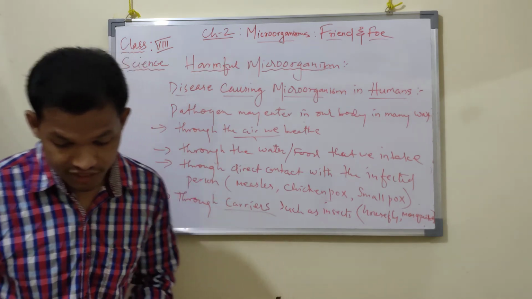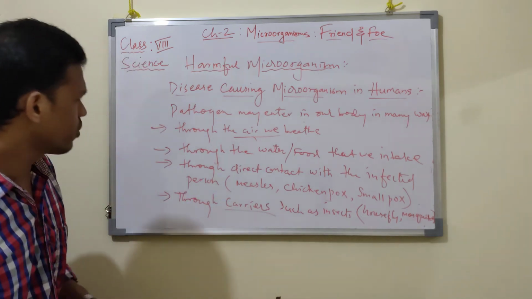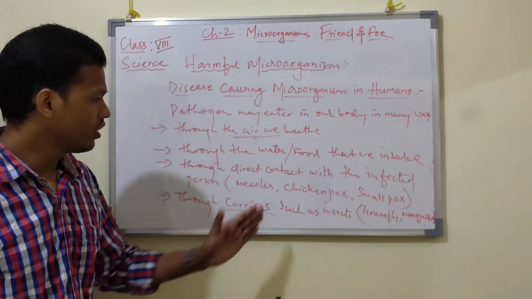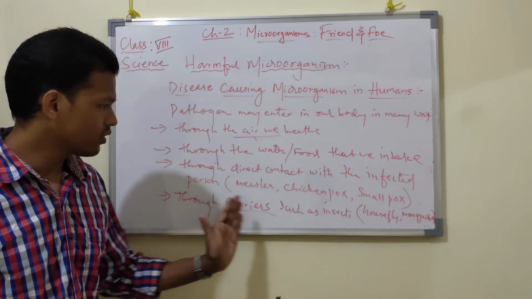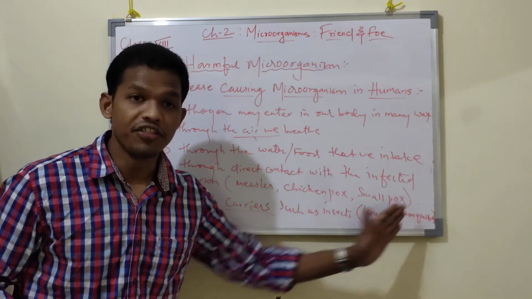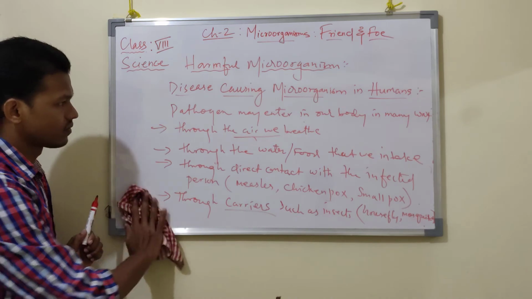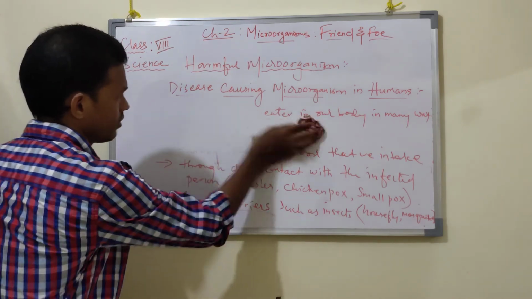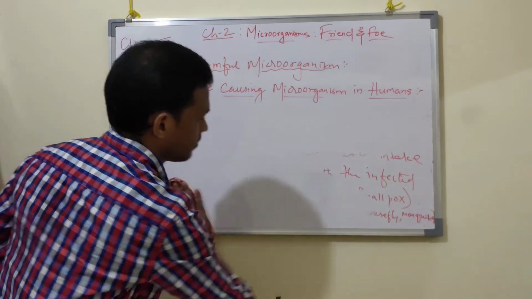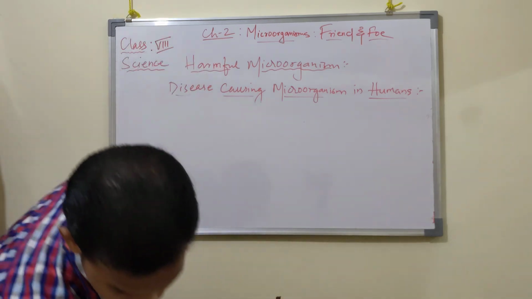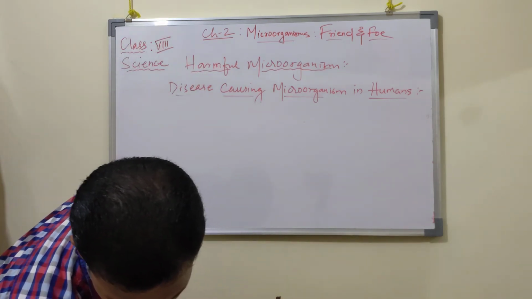Next we'll also study water and food that we take in. Also, we already talked about the housefly and mosquitoes. There are mosquitoes which can cause what?